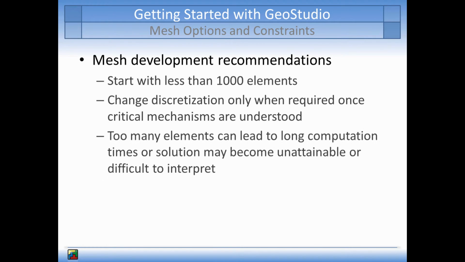If too many elements are used initially, the solution can take a long time to compute, or may become unattainable, or results may become difficult to interpret. Remember, it is better to keep the problem as simple as possible first, and then increase complexity only as necessary as the main engineering issues become well understood.